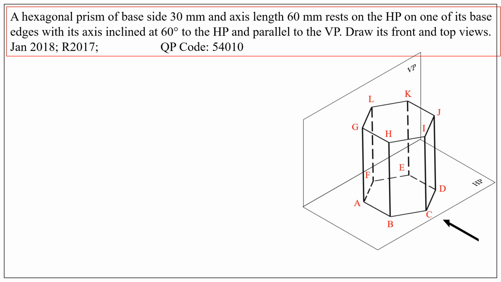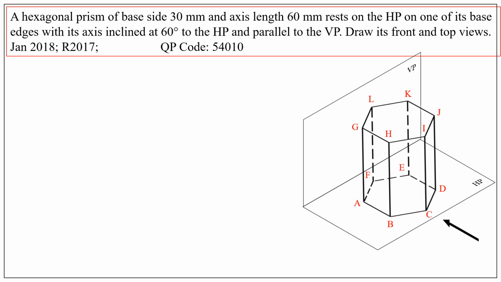For this assumed position, we can draw the top view, which is a hexagon, and the corresponding front view is a rectangle whose width can be obtained by projecting the top view.